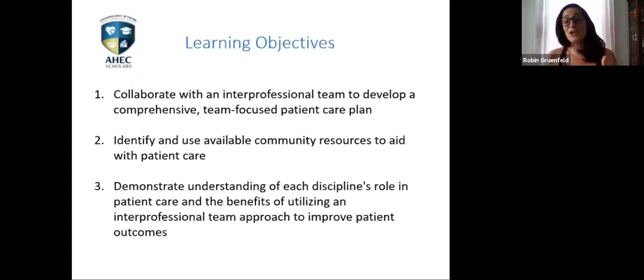But I would love it if we could expand that, pretend these are real cases, and think about what real referrals we might make. And then also demonstrate understanding of each discipline's role in patient care and the benefits of utilizing an interprofessional team approach to improve patient outcomes.